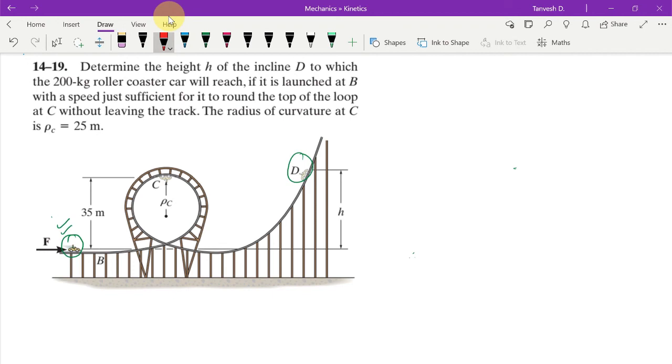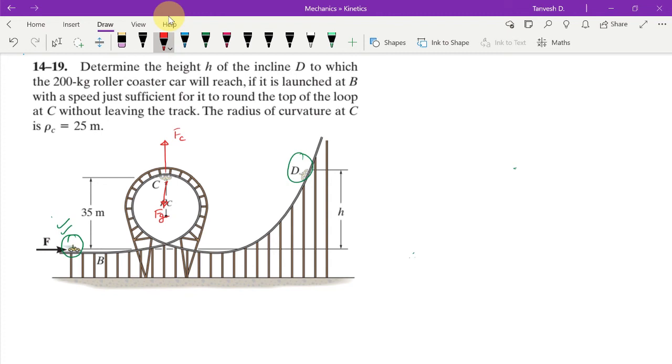At this topmost point, the gravity is acting downwards. So there is this force due to gravity, and there is also this upward centrifugal force, I'll say it is Fc. So when this Fc and Fg are equal, that is the just enough condition for that car to stay at that position, I mean to not fall from that position, right?